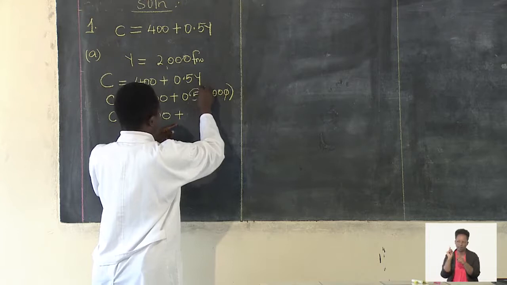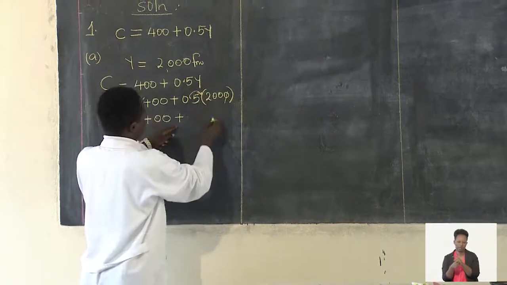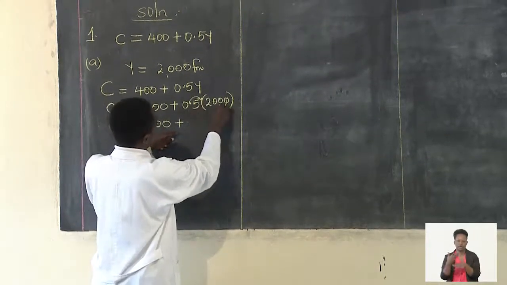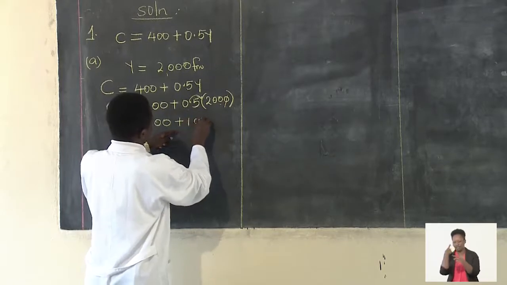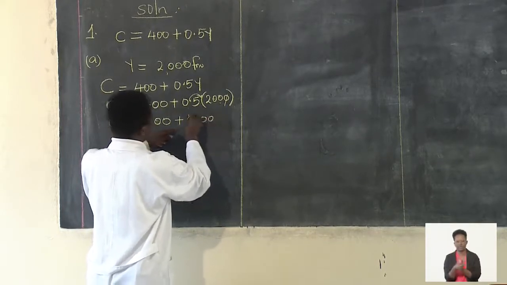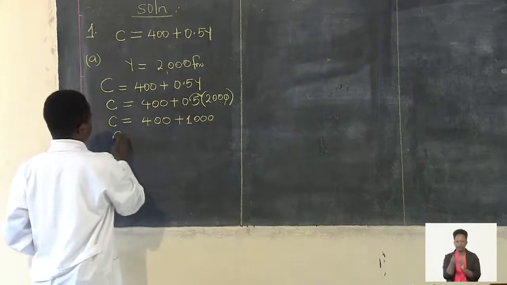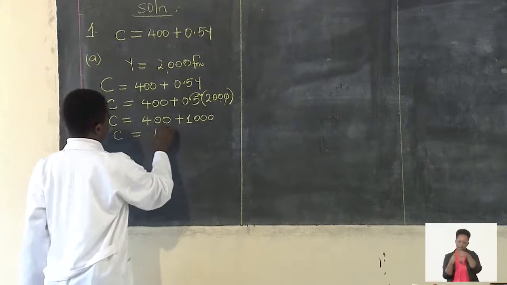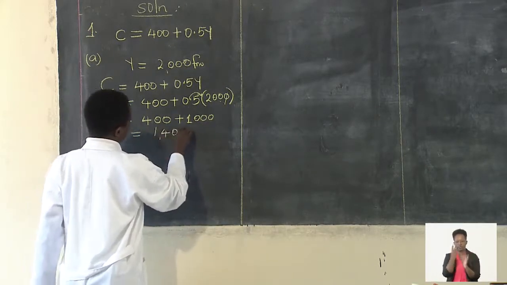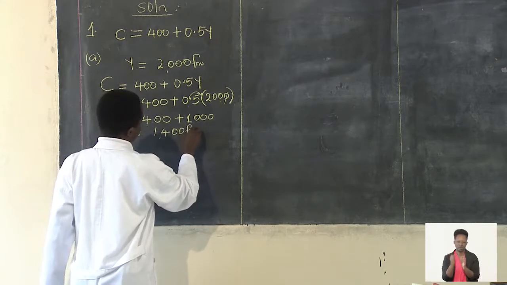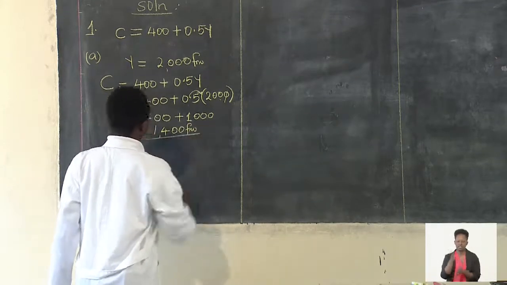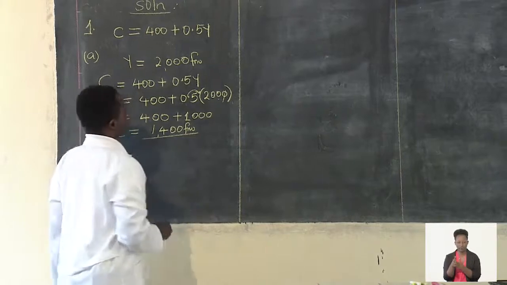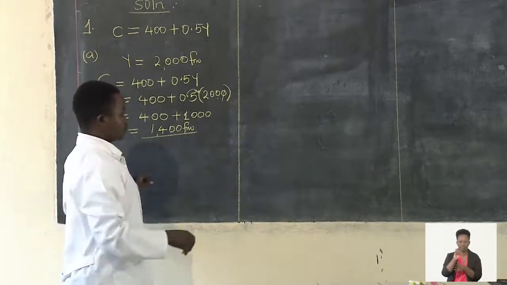This 0 may bring out this decimal point. Then you remain with 5 times 200, which is 1,000. So if you get 400 plus 1,000, you will get 1,400 Rwandan francs.